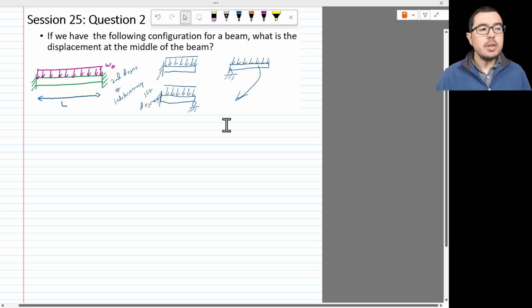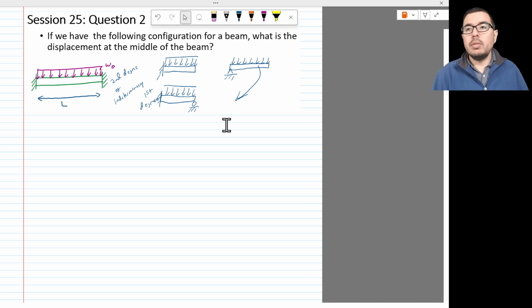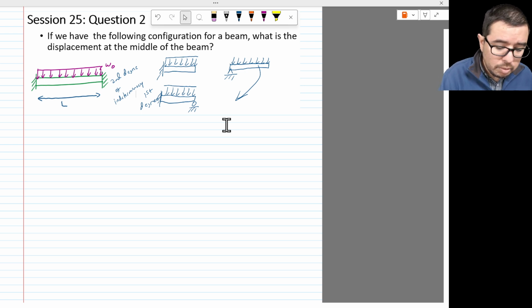Whether you're using integral or differential methods, however you're approaching a problem that requires statics or equilibrium, geometric compatibility, and constituent relationships, we are going to want to start with looking at external equilibrium.